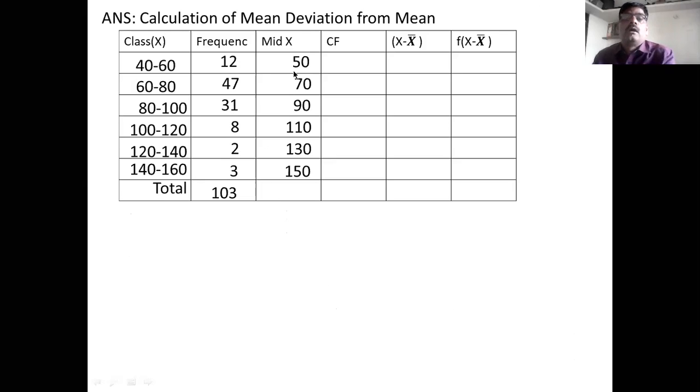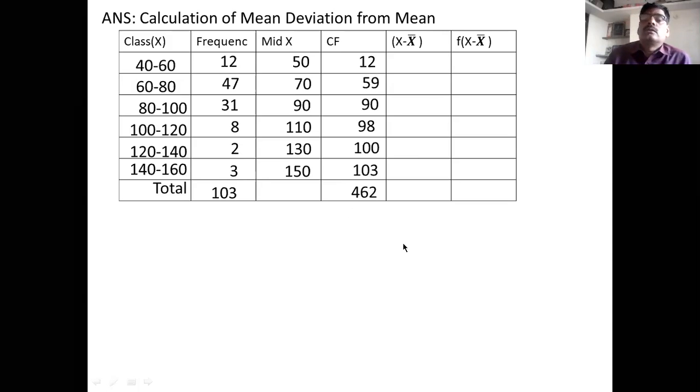Okay, mid x you take. After mid x, instead of f into x, you calculate the CF column. Cumulative frequency, less than cumulative frequency: 12 plus 47, 59 plus 31, 90 plus 8, 98 plus 2, 100 plus 3. In this way, you calculate cumulative frequency.